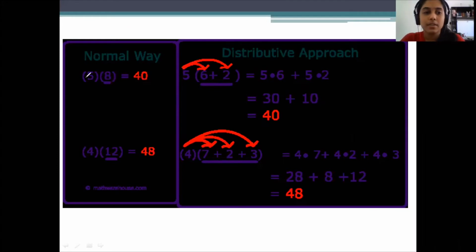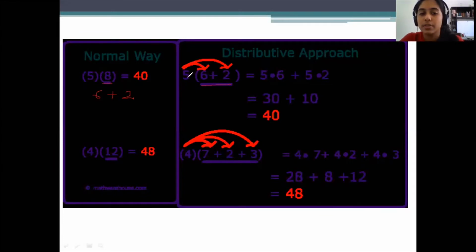So over here, they have split the number 8 as 6 plus 2. So 5 bracket 6 plus 2. Let's write it here. Now, like in the previous slide, they are distributing 5 with 6 and with 2.